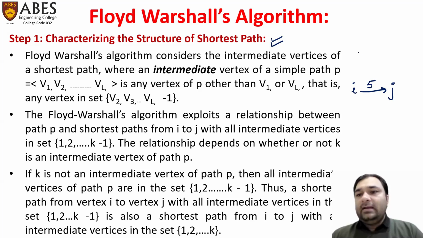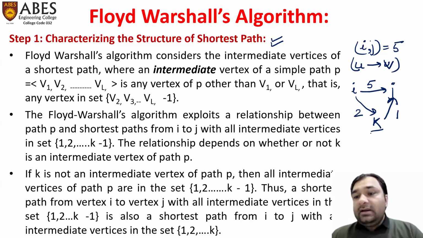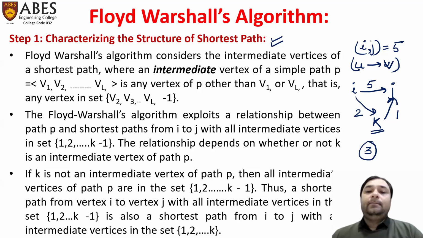But when we are going from every vertex U to every vertex V, there may be a possibility that there is a path from I to K and then K to J with weights 2 and 1. That is, after an intermediate vertex K, the path from I to J is updated with a minimum weight 3.